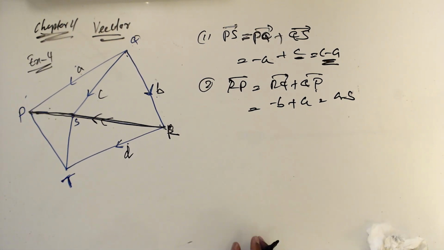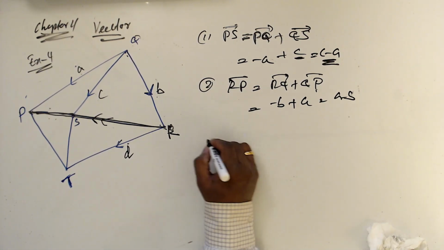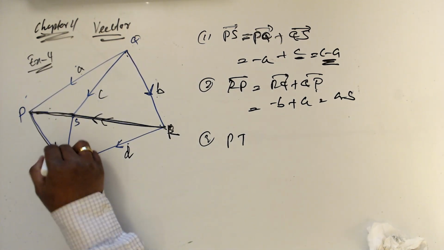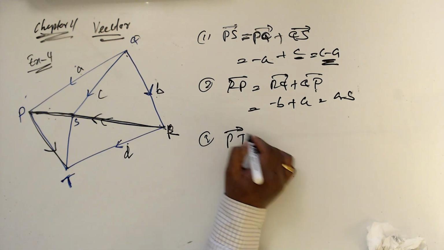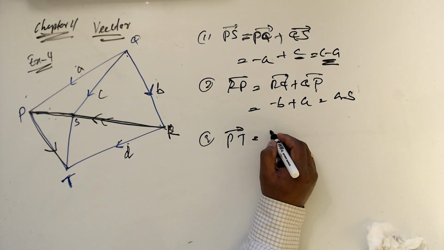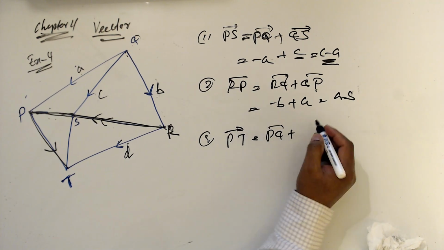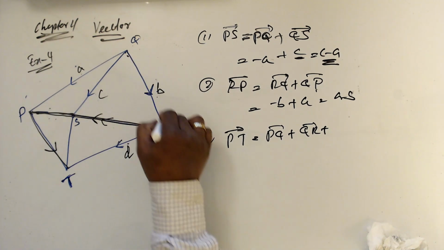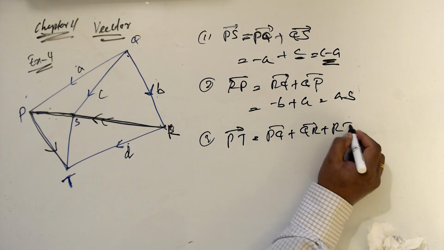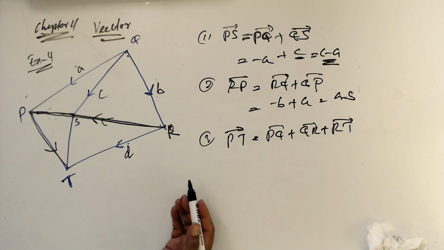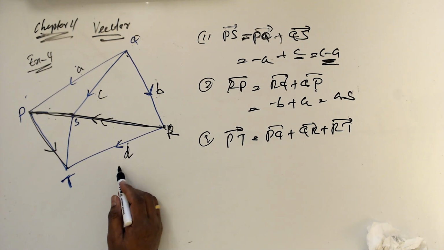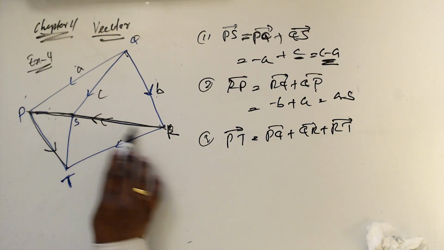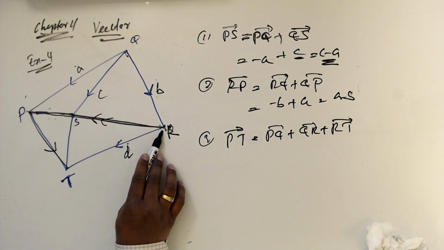The third one, PT. PT means you can write PQ plus QR plus RT. Now yes, it's not a triangle. Actually you can see that PQ plus QR is PR. So first of all we want to find PR.